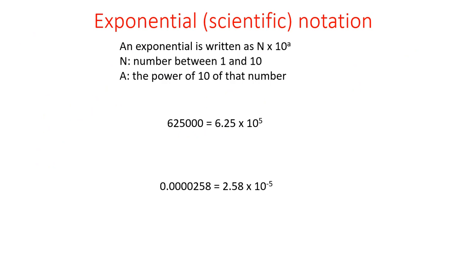Sometimes you have very big values, other times you have very small values, and you want to present them in such a way that you can conveniently use the values. For that, we use what we call scientific notation, also called exponential notation. So let us take note of this.